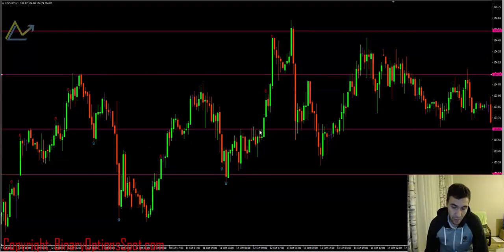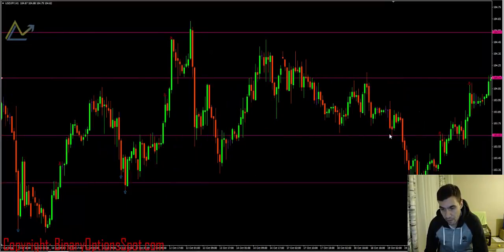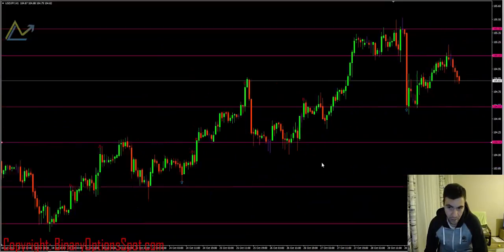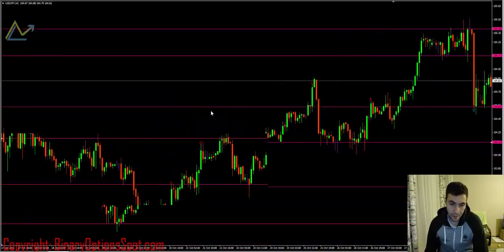As you can see here, we have a lot of touches, obviously. A resistance, then breakout, then acting like support, then broken, then again a resistance, then support, then here again support broken, a little bit of resistance here, a little bit of support here again, and probably in the future this line will be acting again as a support and then as a resistance.